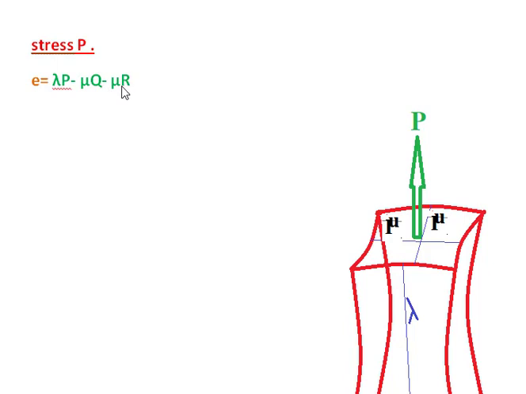At the same time, the length in the direction of stress R is also reduced in this direction, indicated by minus mu R. So in the direction of P it expanded, and in the direction of stresses Q and R it contracted. So we can write the equation: elongation is equal to lambda P, expansion, minus mu Q, contraction, minus mu R, contraction.